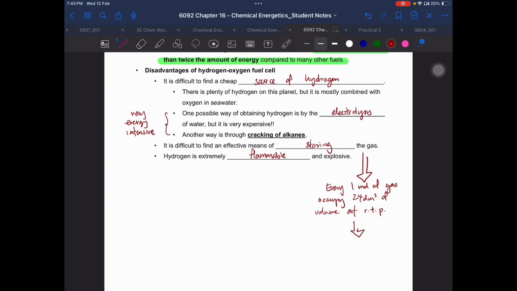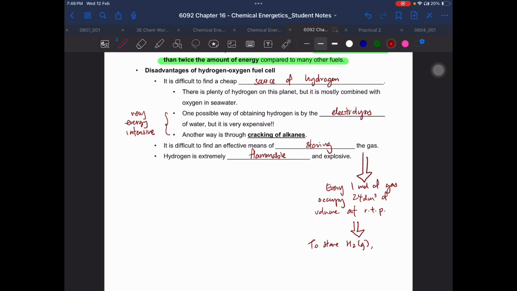Now what this means is that to store hydrogen gas, just 1 mole you actually require 24 dm cube, which is about 24 liters of space, right? If you want to store enough hydrogen to maybe power your vehicles, you actually need a very huge container in order to contain the amount of hydrogen gas, because of how the volume of gas is. Every 1 mole it actually occupies 24 dm³.